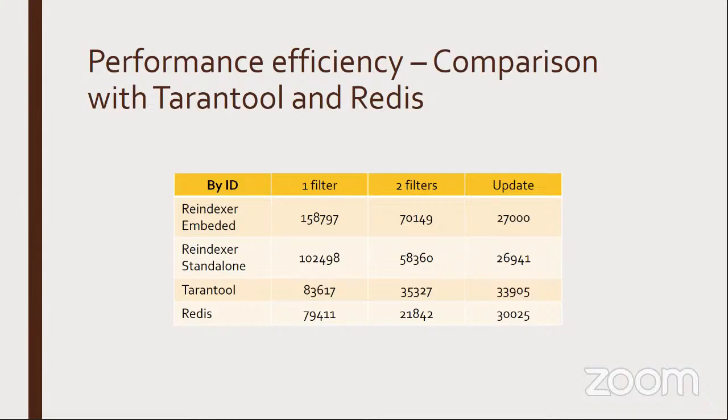This is the result of the test that shows the amount of RPS for Reindexer, Tarantool and Redis. You can see that with the filter, with 1 vote, 2 votes, or updates, Reindexer is the best of these tools. Next slide, please.